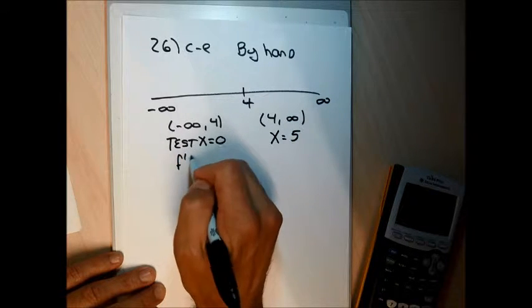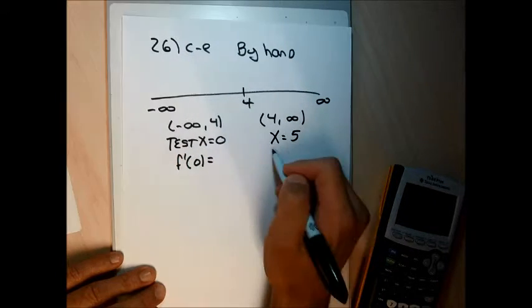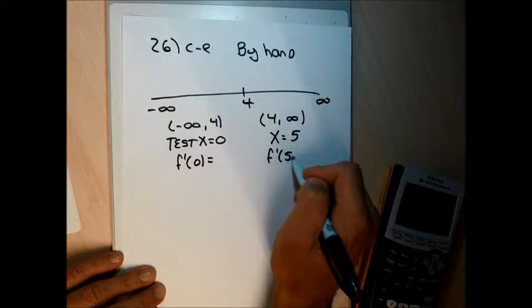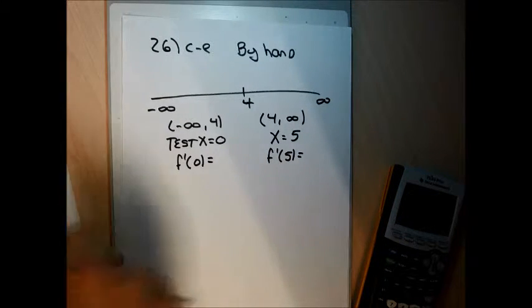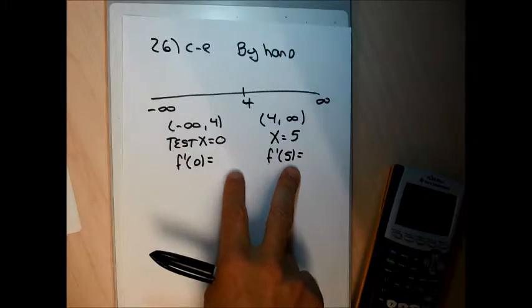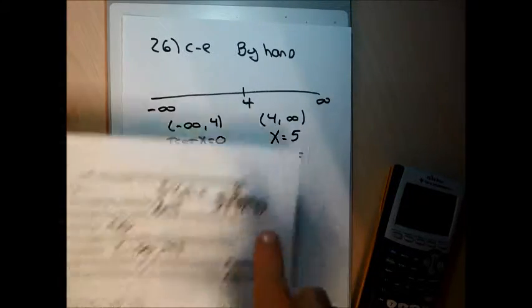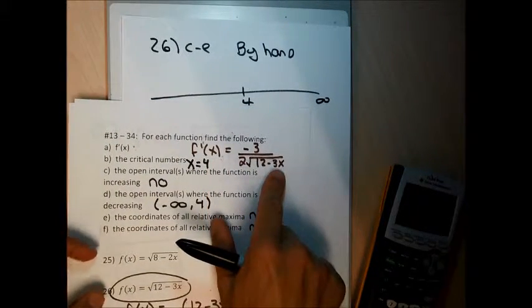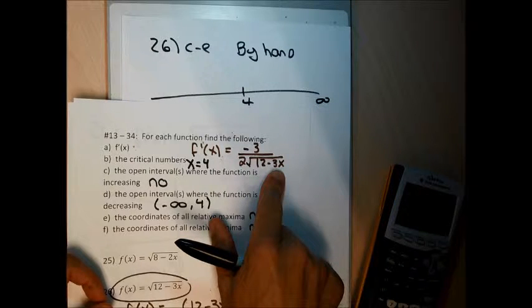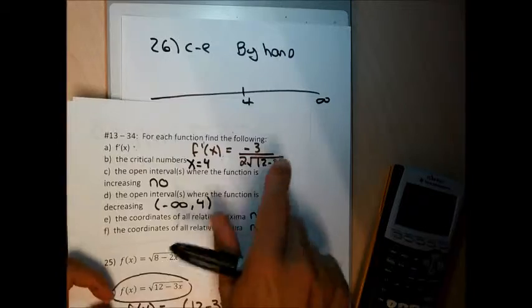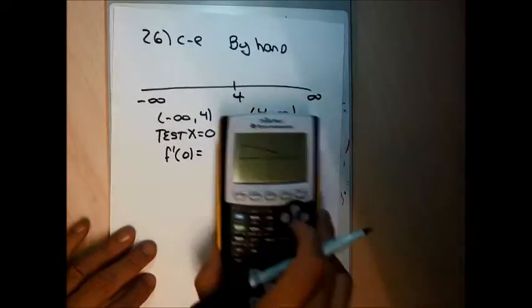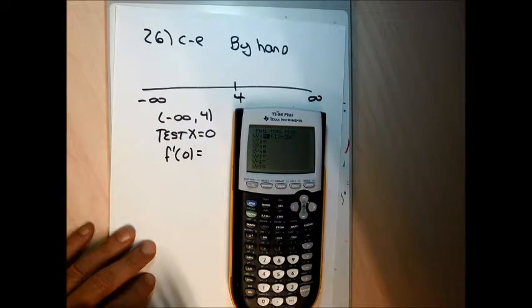And then I need to take those test numbers and plug them into the derivative. This step right here would involve by hand taking this value and plugging it in for those x's. I don't expect you to do that on the test. To get the value that you get when you plug a number into the derivative, it's enough to use the dy/dx feature. So that's what I'm going to do. I have the function in here properly.